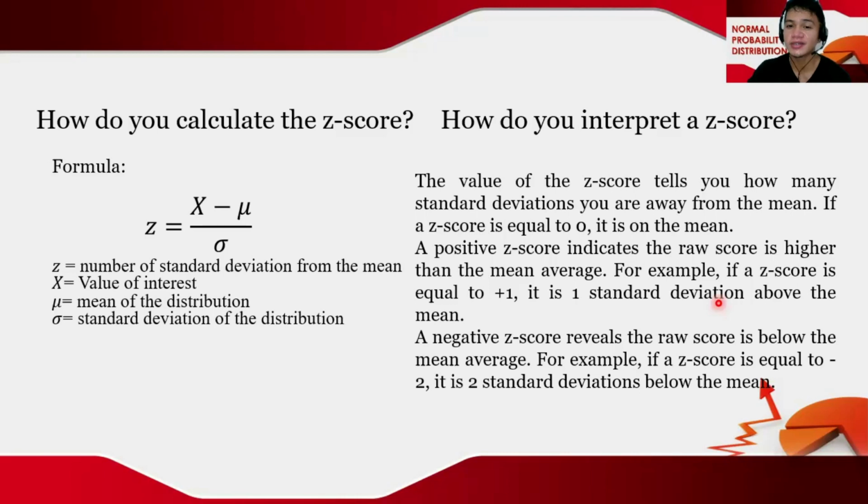A positive z-score indicates our raw score is higher than the mean average. For example, if a z-score is equal to positive 1, it is 1 standard deviation above the mean. On the other hand, a negative z-score reveals the raw score is below the mean average. For example, if a z-score is equal to negative 2, it means that it is 2 standard deviations below the mean.